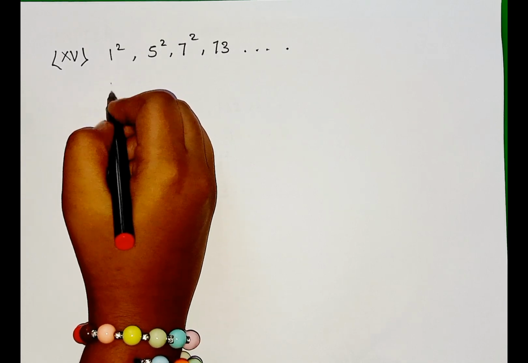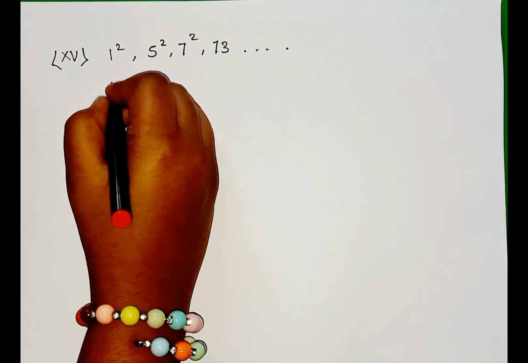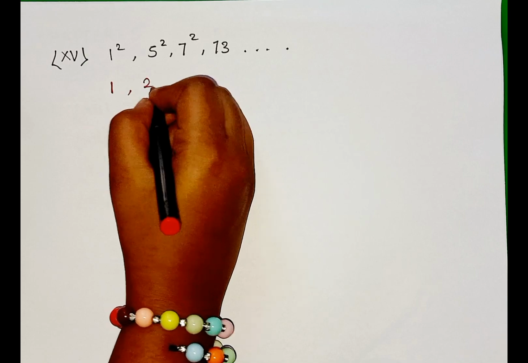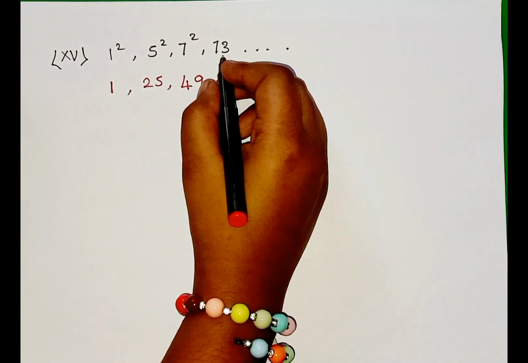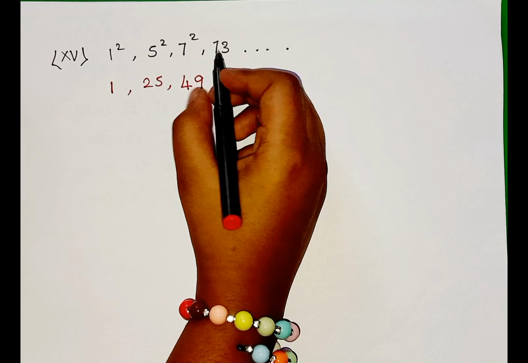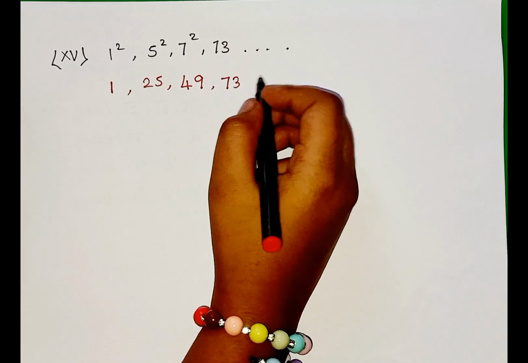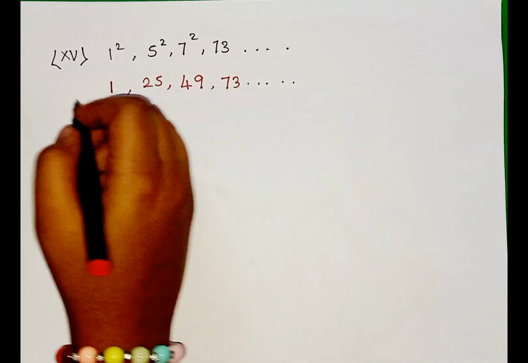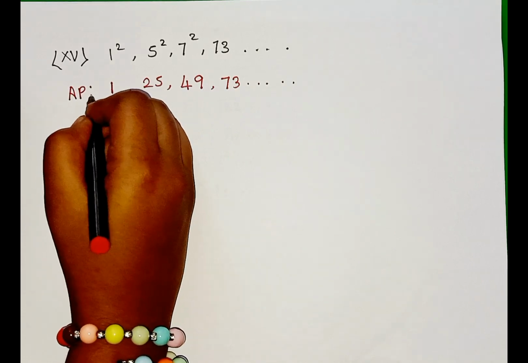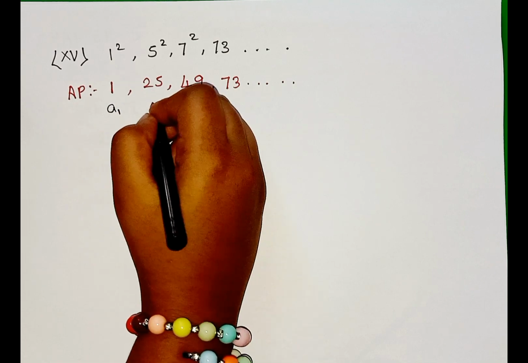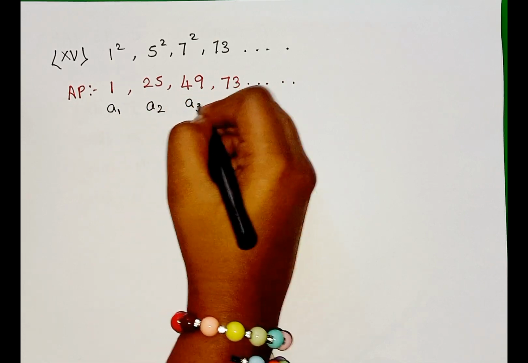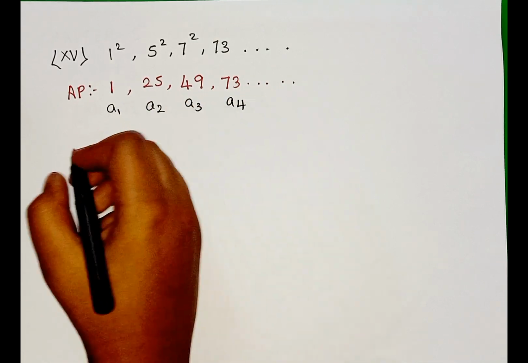So 1 square is 1, comma 5 square is 25, and 7 square is 49, comma 73. Here be careful, here we don't have square or something. And so on. So this is going to be your AP. This is going to be your A1 value, A2 value, A3 value, and A4 value.